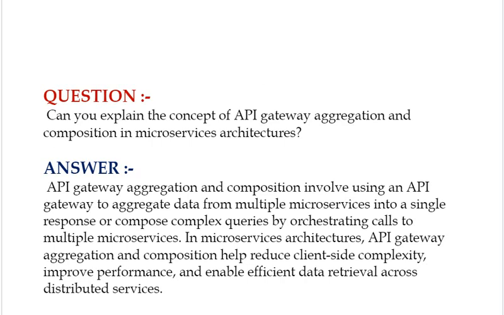Our next interview question is: can you explain the concept of API gateway aggregation and composition in microservices architectures? Your answer should be: API gateway aggregation and composition involve using an API gateway to aggregate data from multiple microservices into a single response or compose complex queries by orchestrating calls to multiple microservices.